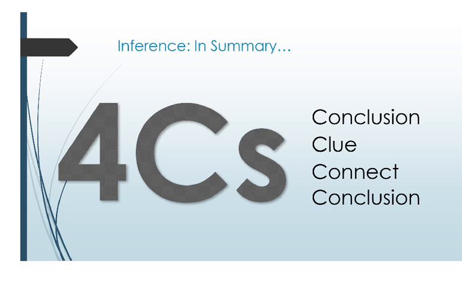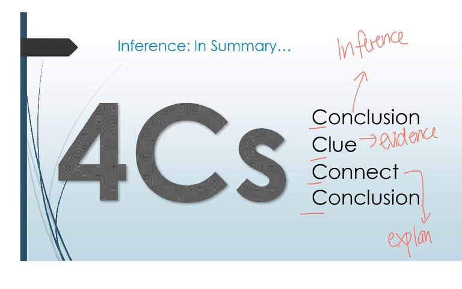And that's all I have actually. So all you need to remember, in a nutshell, once you're familiar, are the 4 C's. For inference, the C's represent conclusion, clue, connect, and conclusion, in which conclusion is your inference, clue is your evidence, and connect is your explanation.